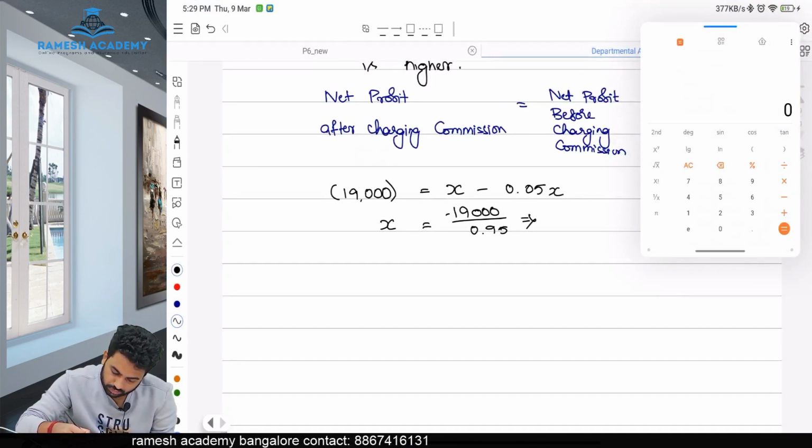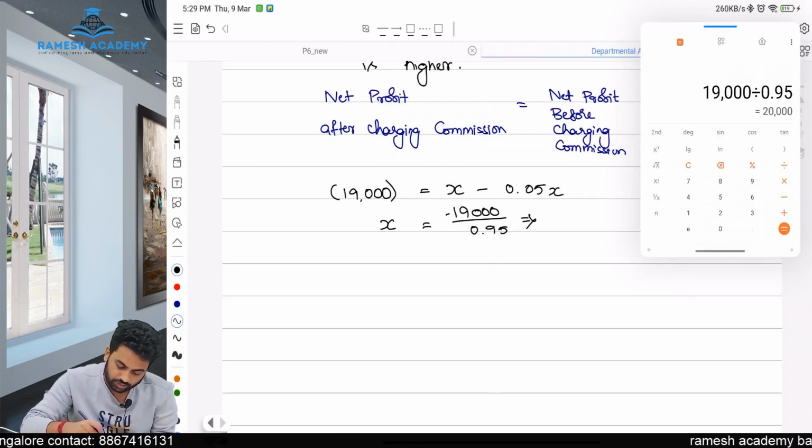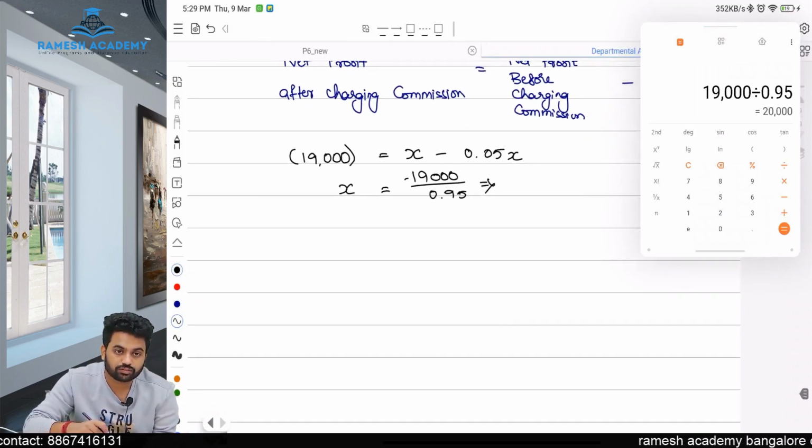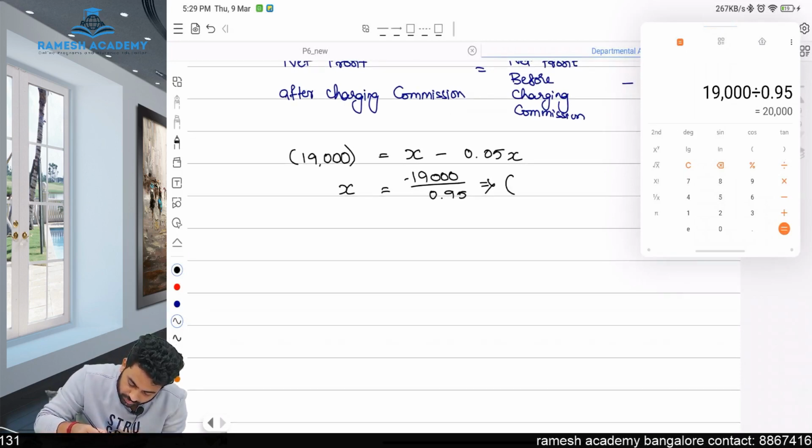X is equal to 19,000 divided by 0.95. X is equal to negative 20,000.